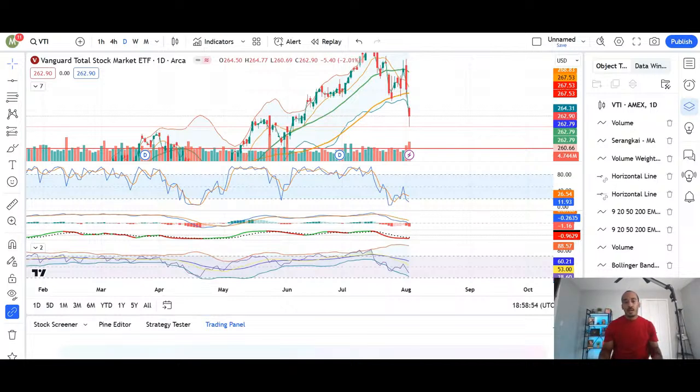Y'all see that? Looking at the overall total stock market, it looks like we're due to go up. But we also got a divergence. I'm gonna show y'all what a divergence is and how you know a stock is gonna make a reversal.